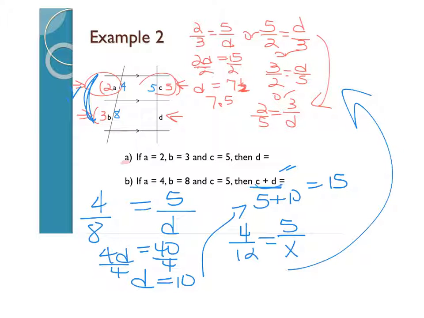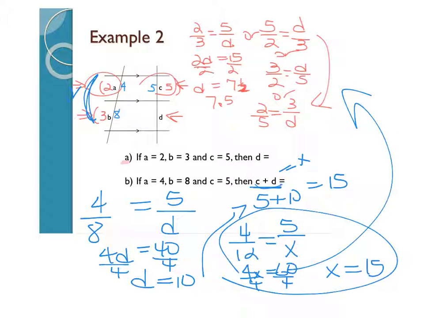We could say x equals C plus D. Cross multiply and divide, get 4x equals 60, divide by 4, x is 15. So if you did it this way, it went right into the answer and you didn't have to add it. Because you said, I'm going to have my x to be C plus D.